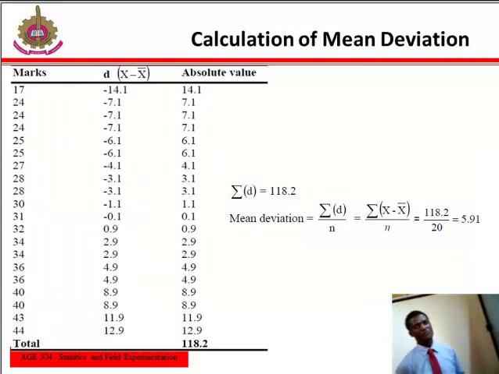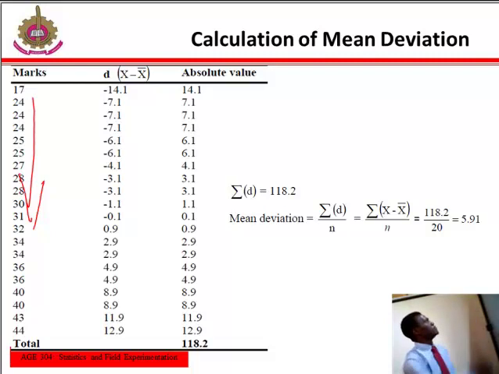Now, calculation of mean deviation. Let's consider the table that we have on the board. Using this table, we have the marks as given as 17, 24, 24, down to the bottom of the table as shown on the board.